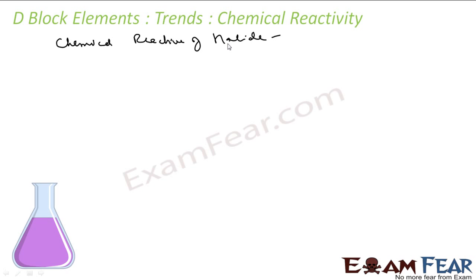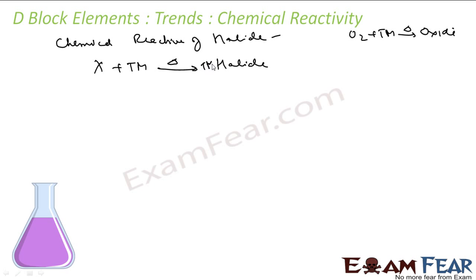Again you take halogen, you take transition metal, you go for high temperature and you get halide, similar to oxygen plus transition metal at high temperature giving oxide. Similarly here you get transition metal halide when you react halogen with transition metal at high temperature. If you talk about the rate of reaction, fluorine is most reactive, then chlorine, then bromine, and then iodine.